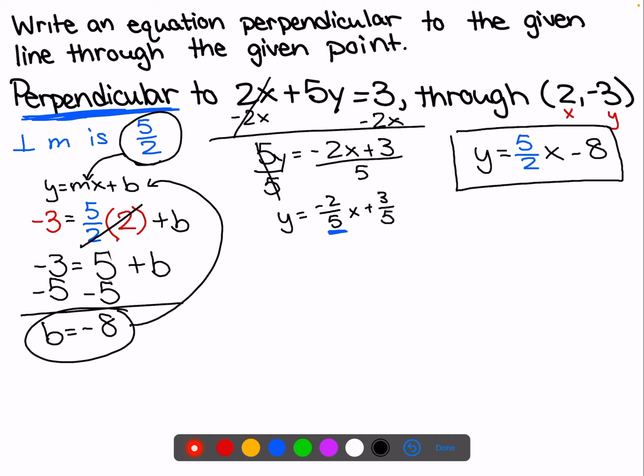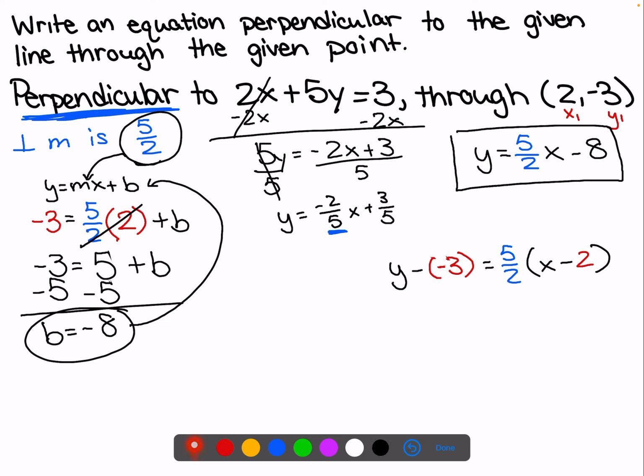If I put it into point-slope form, then x1, y1 will take over the point (2, -3) for my variables. My slope stays as m, so we have y minus y1, which is -3, is equal to m, which is 5/2, times x minus x1, which is 2.